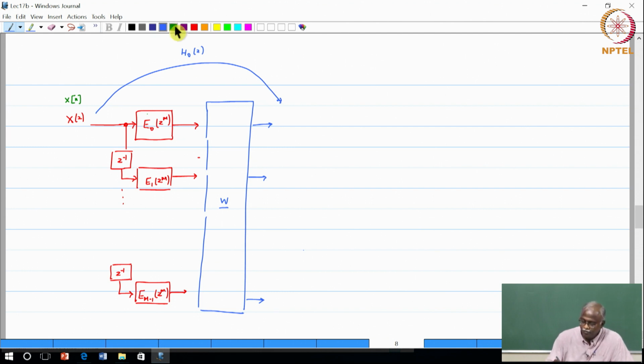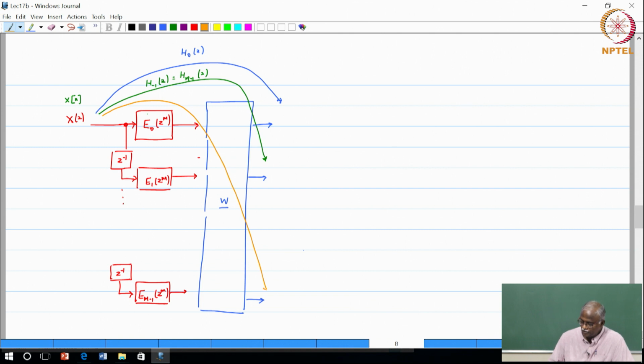Now, between this and this point, the second branch, that will come out to be H of minus 1 of Z because of the DFT matrix. The polyphase components are the same, the delay chain remains the same, and we know that H of minus 1 is nothing but H of M minus 1 of Z, and go on all the way to the last one.